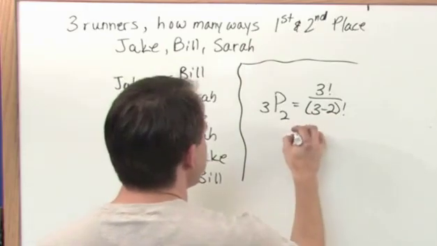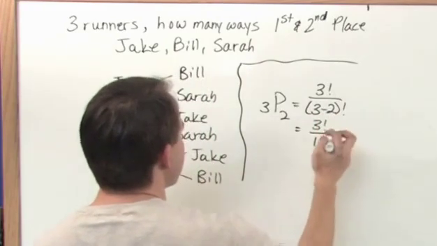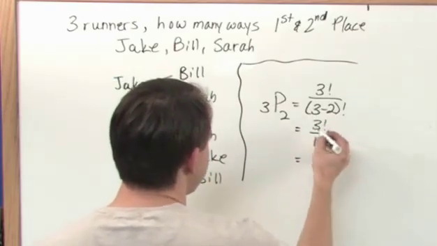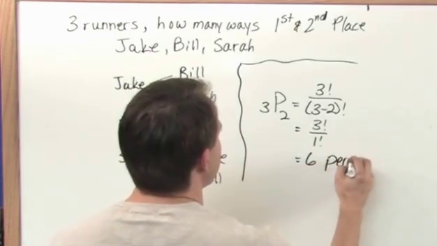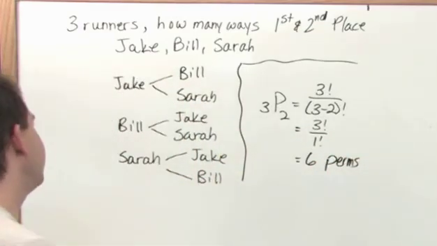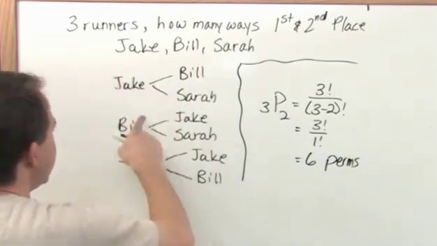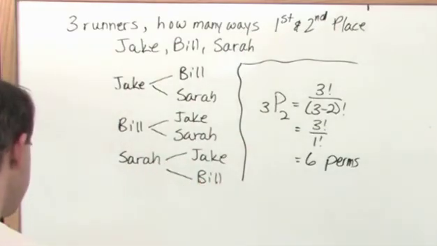When you do this, you'll get 3 factorial on the top and 1 factorial on the bottom, which is 3 times 2, just going to give you 6. So there are 6 permutations in that case. This is exactly what you have: 1, 2, 3, 4, 5, 6. There are 6 different ways in which you can have first and second place.